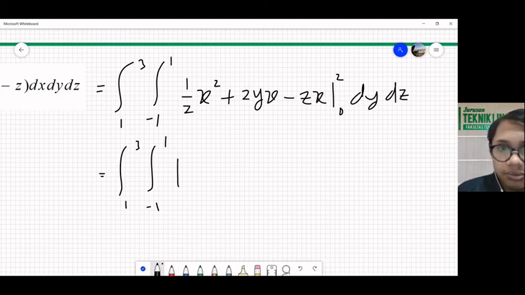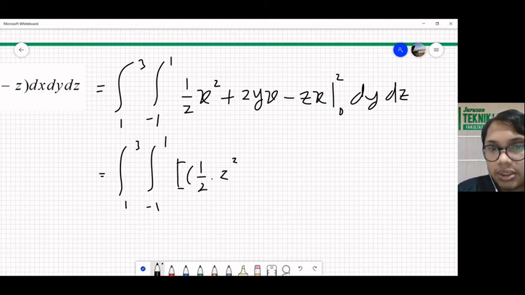Okay, we input the limit to the x, so it becomes 2 square and 2y times 2 and z times 2.